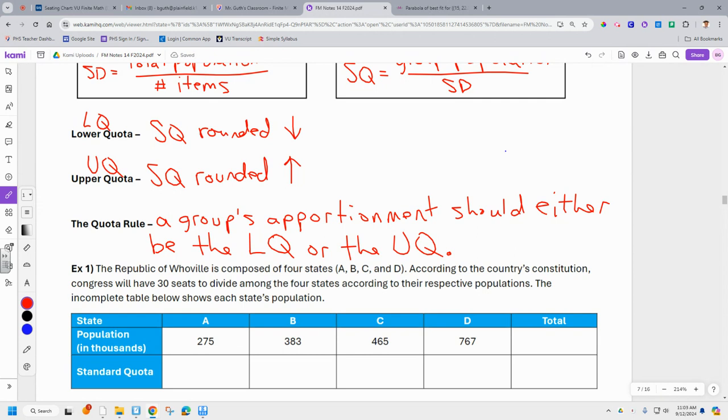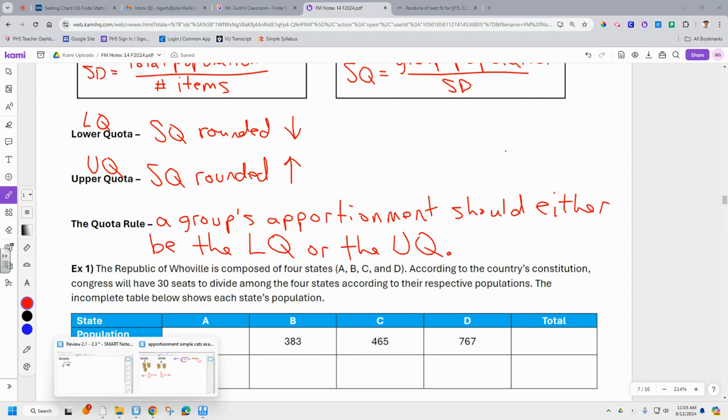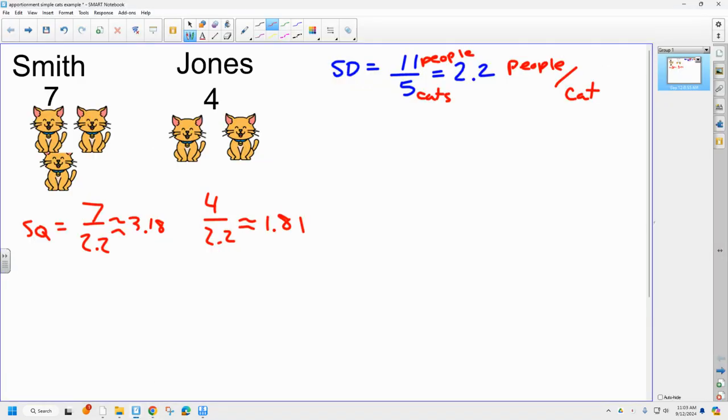So think about the cats. You're going to have to get over rounding to the nearest number, because sometimes we're going to round down. If we round down, that says 3. And if we round up, that says 4. That would be your lower quota and your upper quota. It's weird to round up, but sometimes we're going to have to round up, not necessarily round to the nearest.